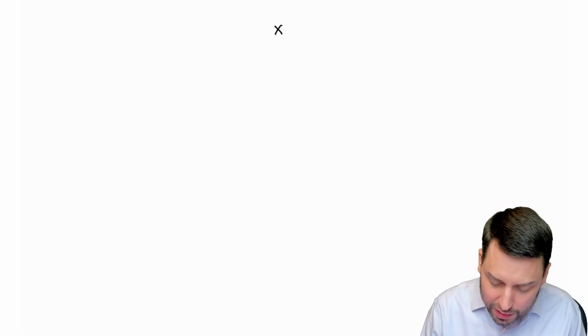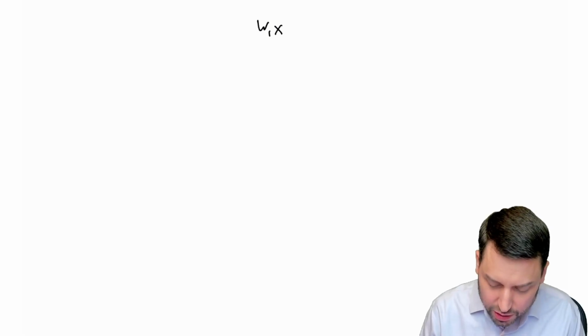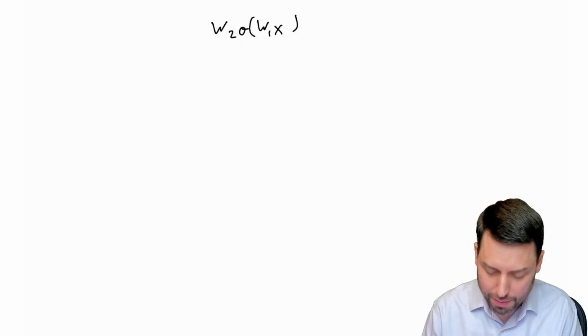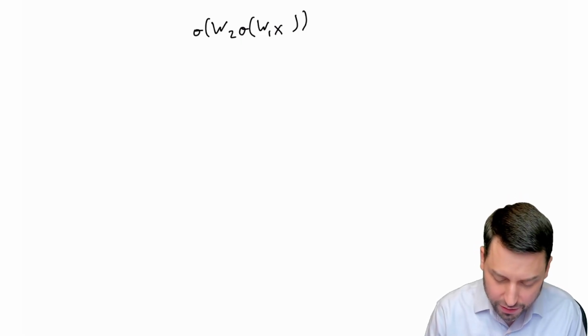What we're going to do in a neural network is apply a bunch of operations here. So we had this neural network, but maybe we have subsequent deeper layers too.